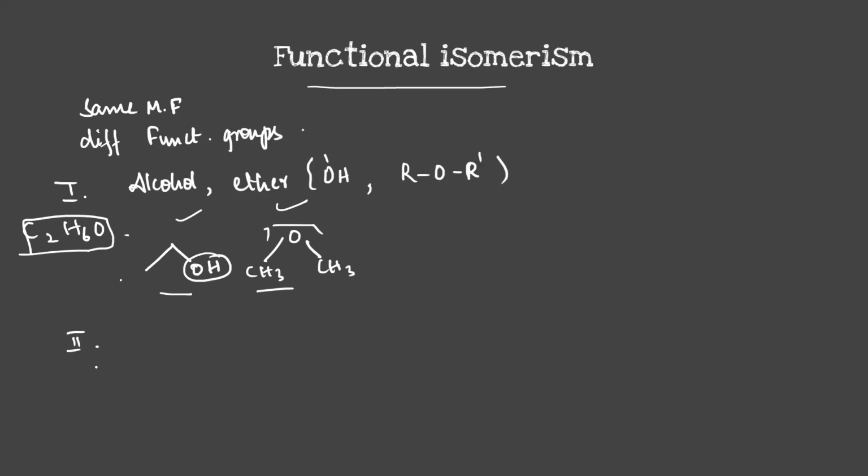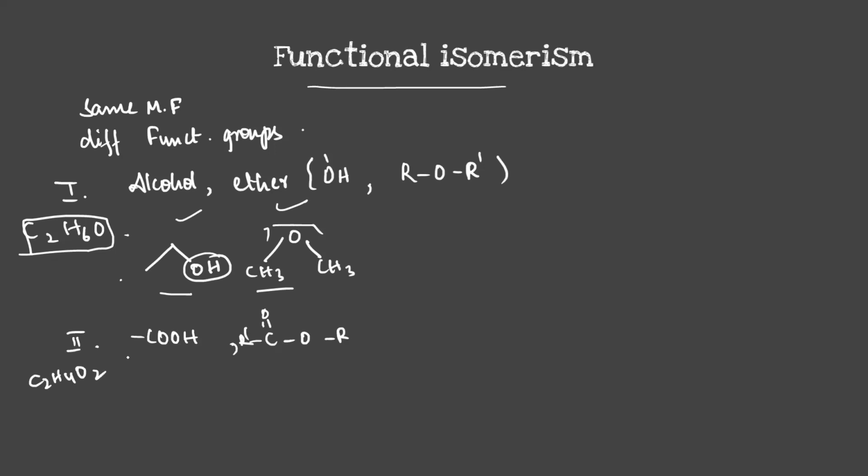Now, the second case is carboxylic acid and ester. Carboxylic acid is COOH, and the ester functional group is C double bond O, OR. Here R dash. This is the ester functional group. Now let's see how both are isomeric. Let me take the molecular formula C2H4O2.